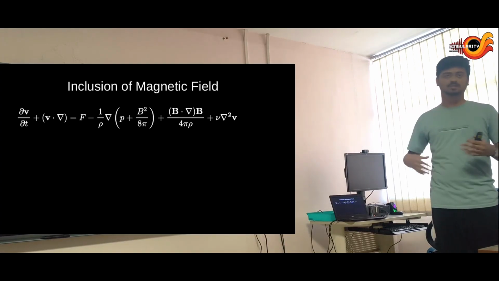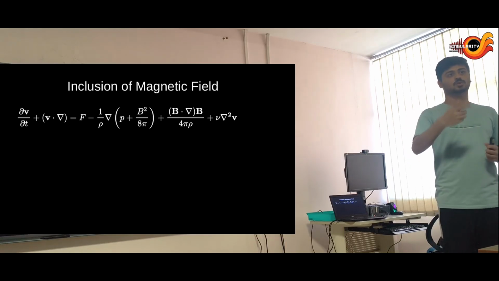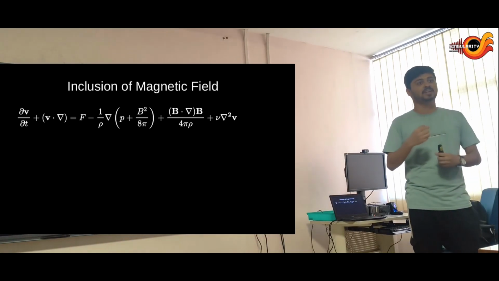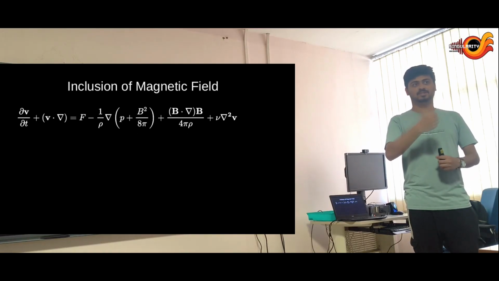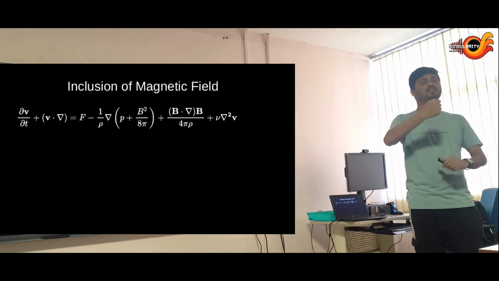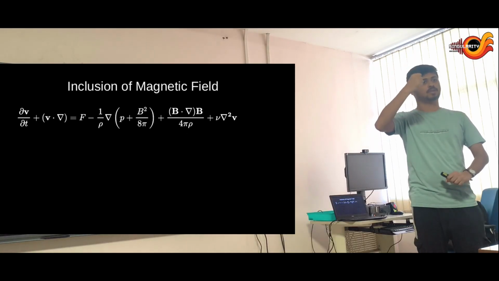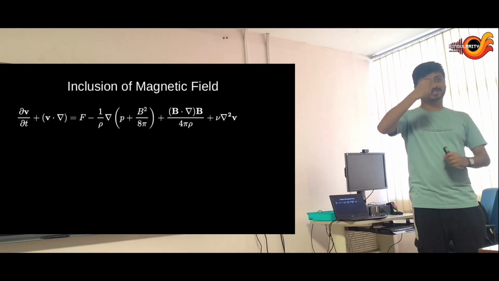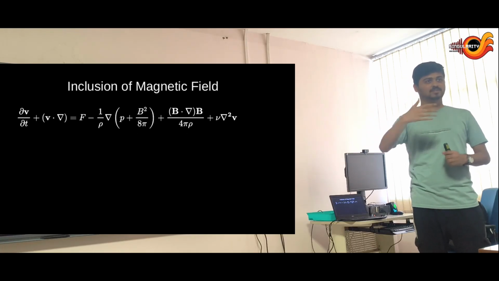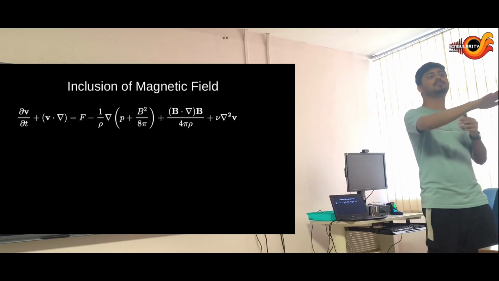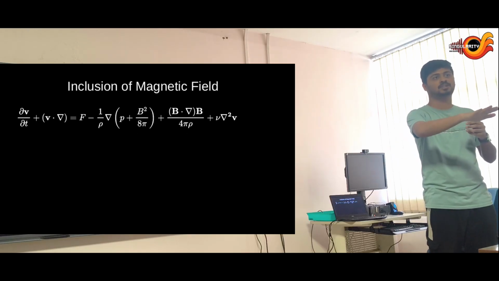And the next term is the tension term. I just told you to imagine the magnetic field as a string. A string has a tension, right? So there is a length after which it can't expand. That's a tension force which is trying to hold it in place. And magnetic pressure is like you were trying to bend the string.